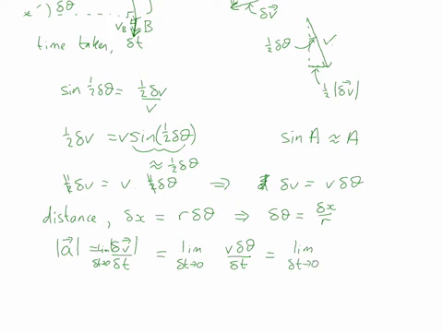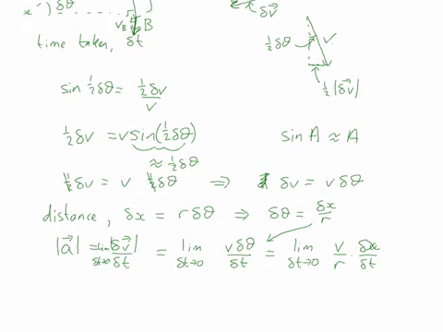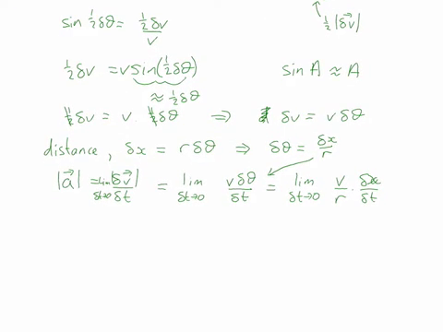So I've got the limit as delta t goes to 0. If I substitute this into here, I'm going to end up with v over r times delta x over delta t. Well, the limit as delta t goes to 0 of delta x over delta t is v, right? I'm going to end up with the velocity.